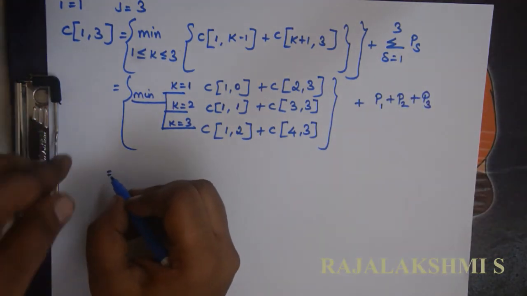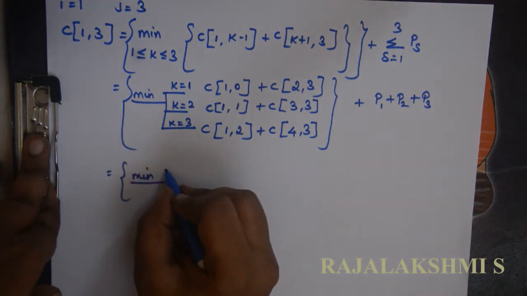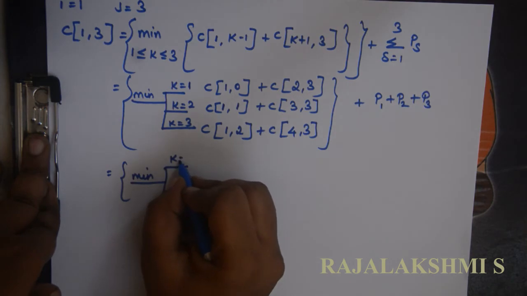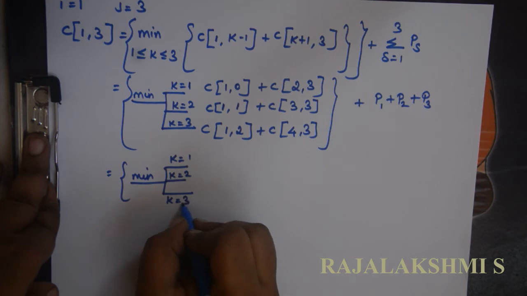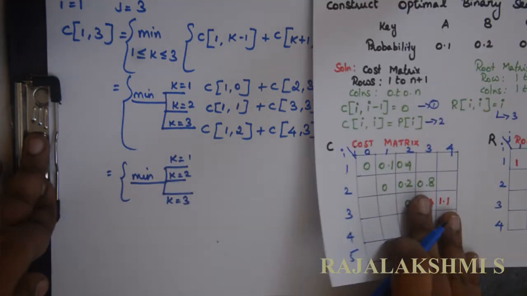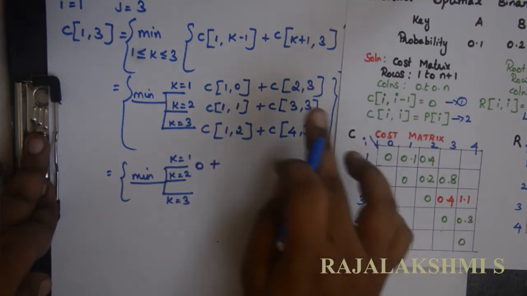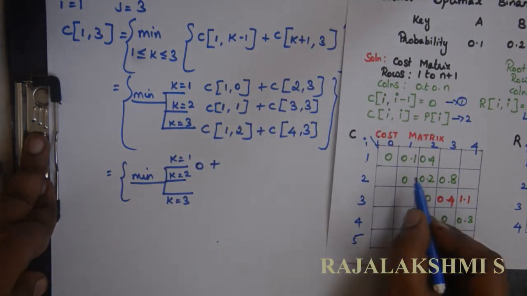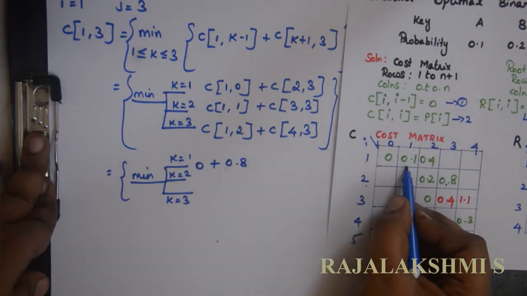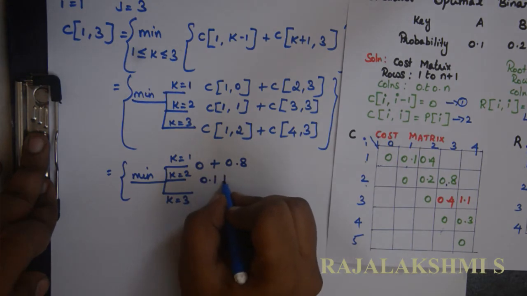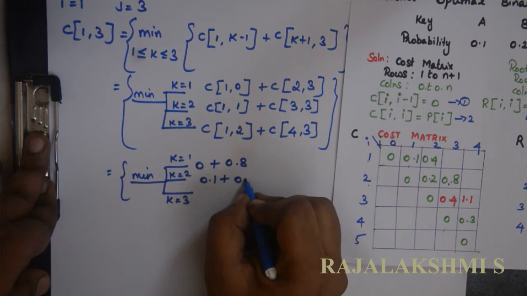Okay, so now we will be substituting the values. Minimum over k equal to 1, k equal to 2 and k equal to 3. So C of 1 comma 0 we will take from the table. 1 comma 0 the value is 0, plus C of 2 comma 3 the value is 0.8, and C of 1 comma 1 the value is 0.1, plus C of 3 comma 3 the value is 0.4, right?